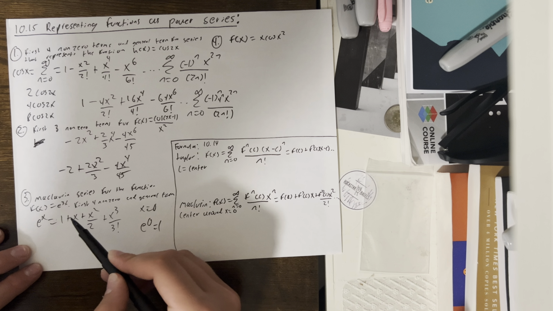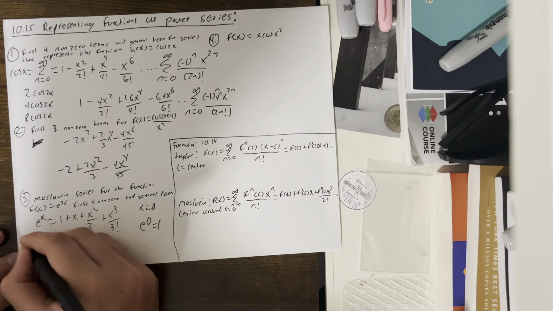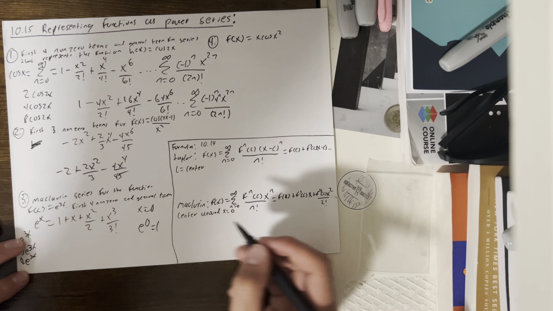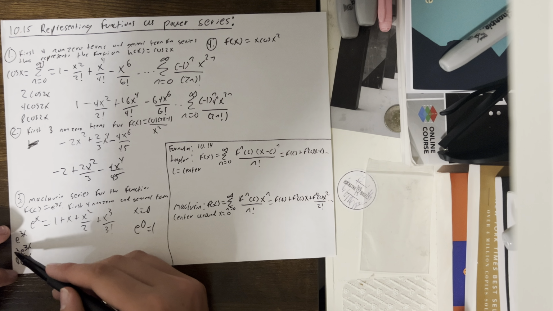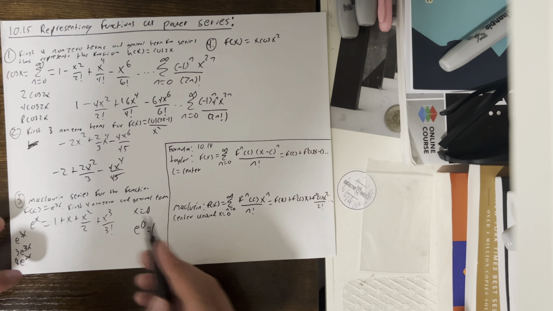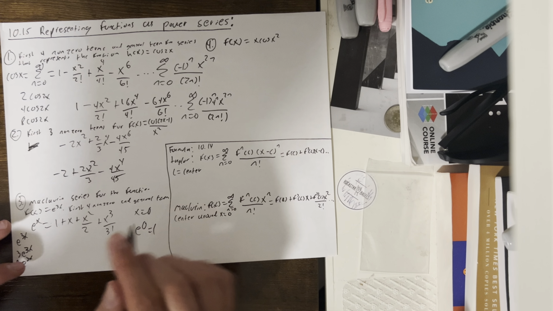However, when it's e to the 3x, it'll be e to the 3x, then it'll be 3e to the 3x, then 9e to the 3x, and so on and so forth. So you're pretty much having to multiply by 3 each time, except for the first one.